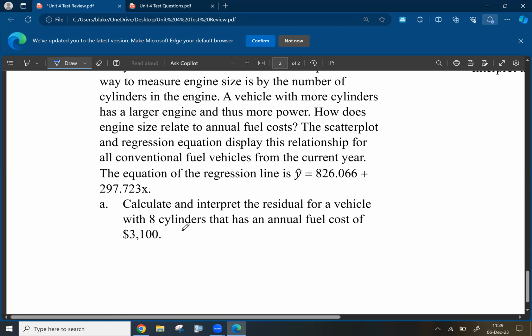Okay, so we've already done a residual question before, but we're doing it again. We're going to plug our x value into the function and see what the predicted amount would be. So y hat equals 826.066 plus 297.723 times 8.